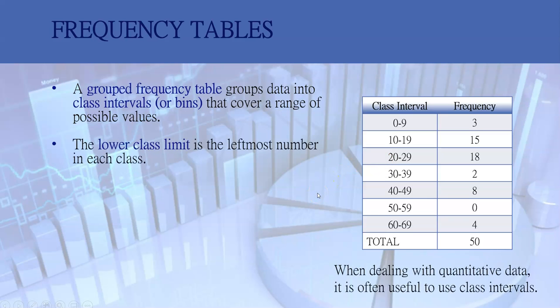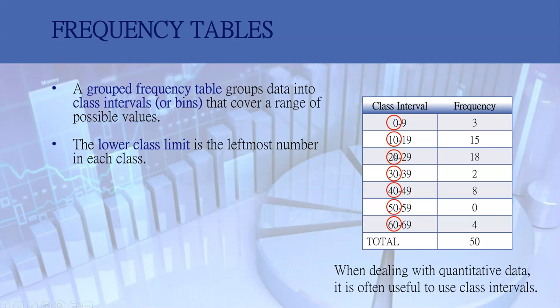The lower class limit for a grouped frequency table is the leftmost number for each class. So all of these over here on the left would all be considered lower class limits. So if I asked you for the lower class limit of class 3, here's 1, 2, 3. There's your third class right here. The lower class limit would be 20.